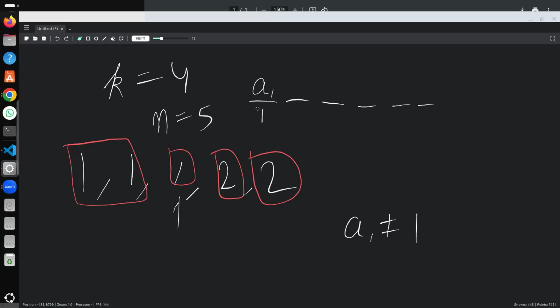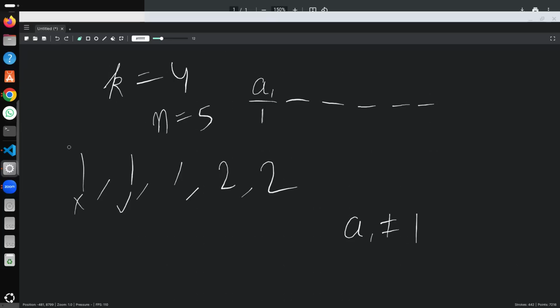So definitely we cannot take the first element in the array B, because the first element will always belong to the first subarray. This one we can take if we make an array like this, then definitely the second element would be in the array B.